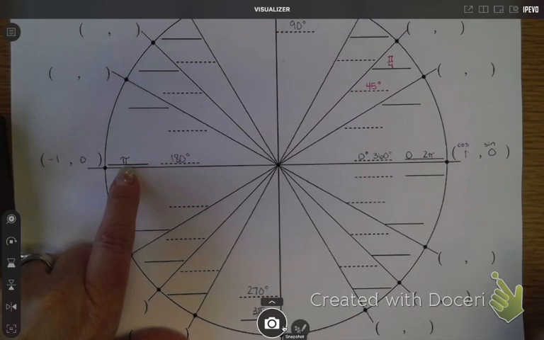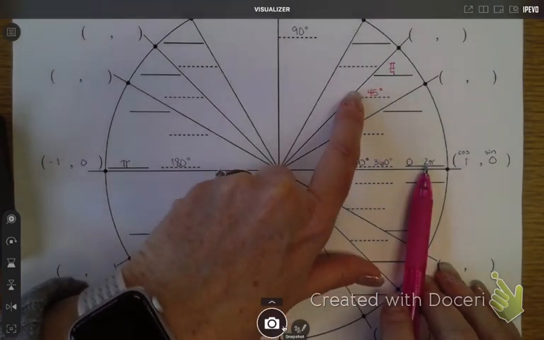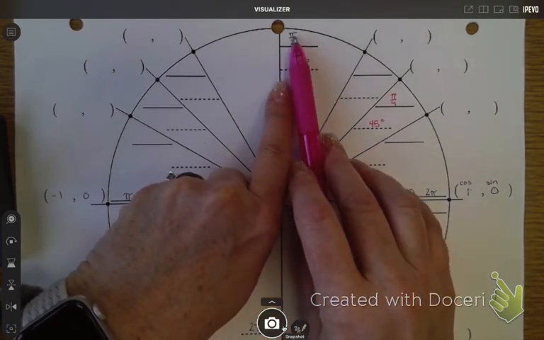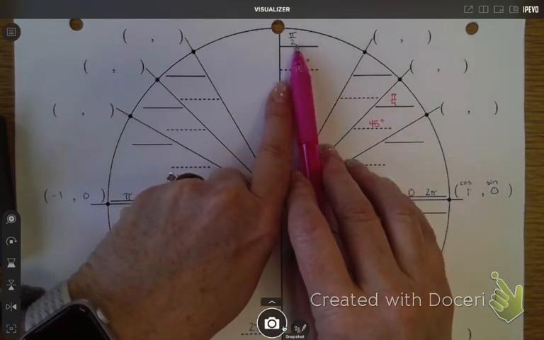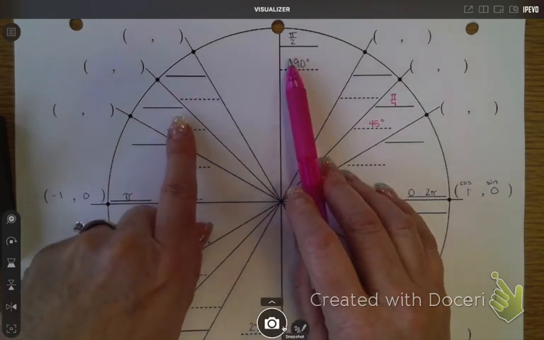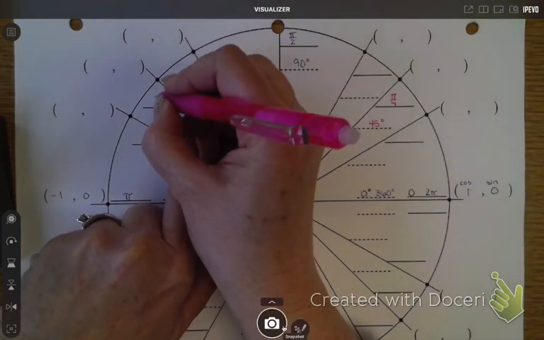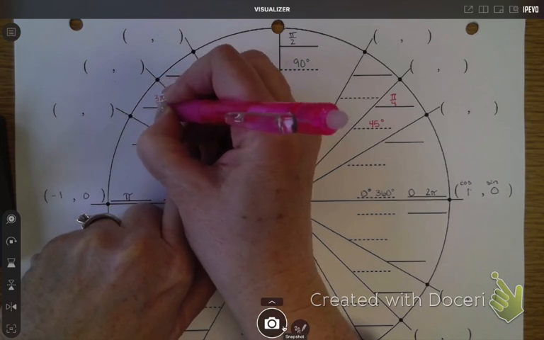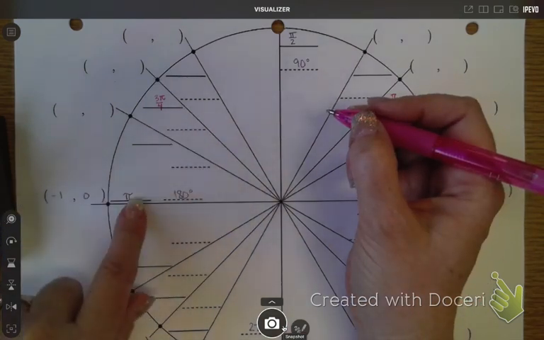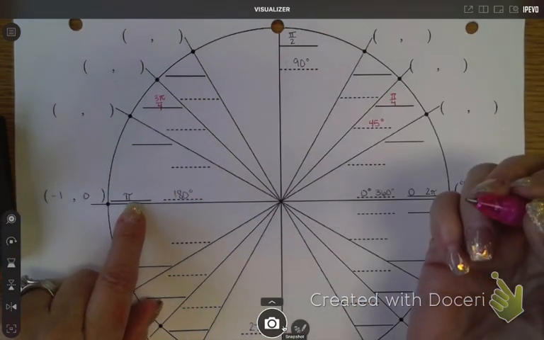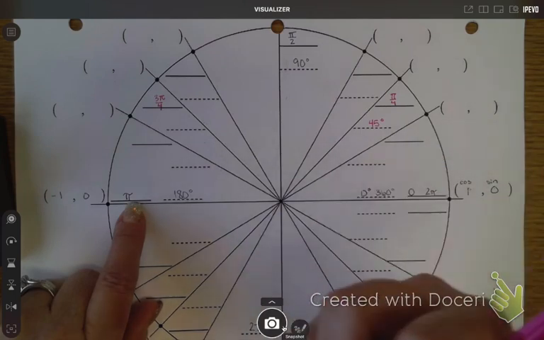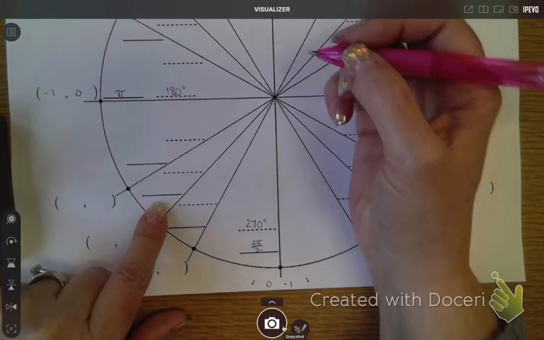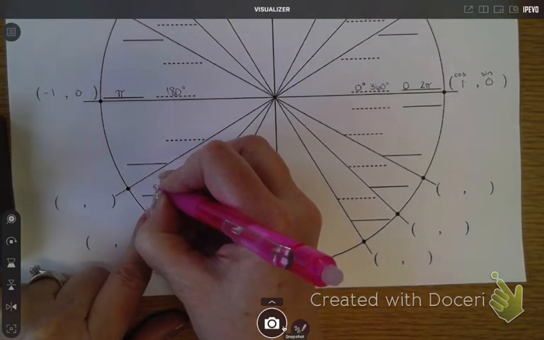So if I was doing this, I would have 1 pi over 4, 2 pi over 4, which would be what? Pi over 2, yes. And then I would have what? 3 pi over 4. And then I would have what? 4 pi over 4, which would be pi. And then I go another 45 degree chunk. It would be 5 pi over 4.